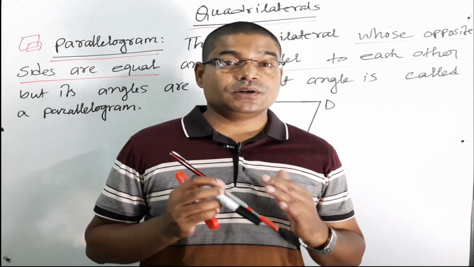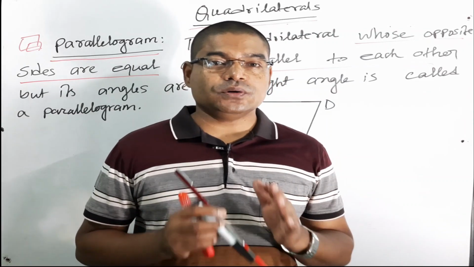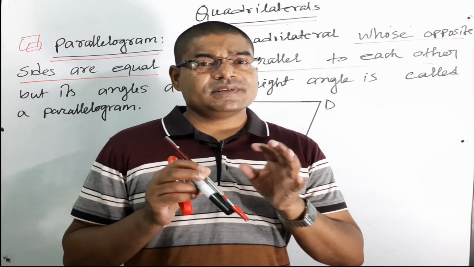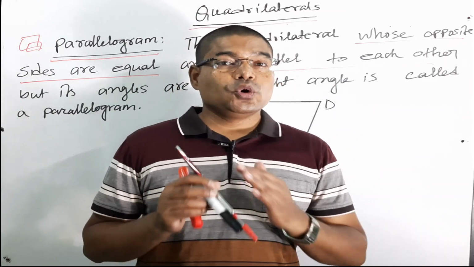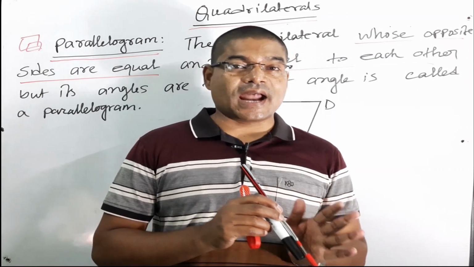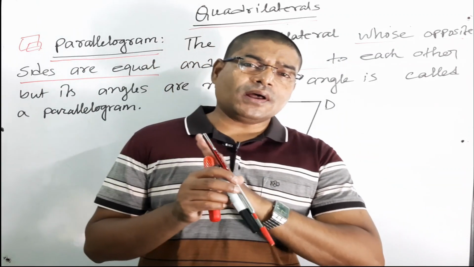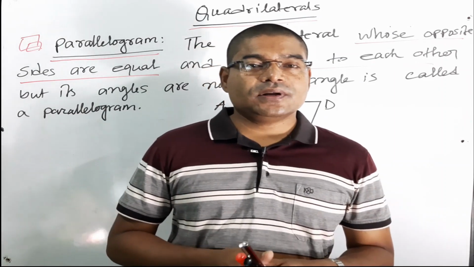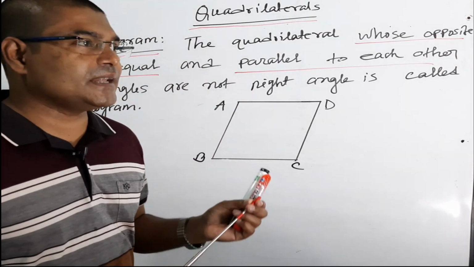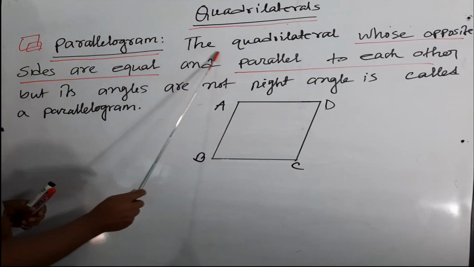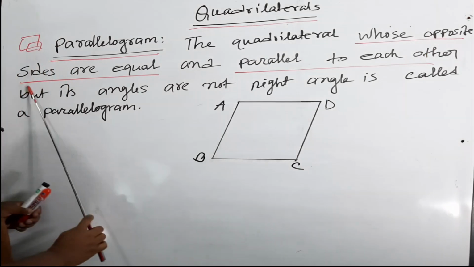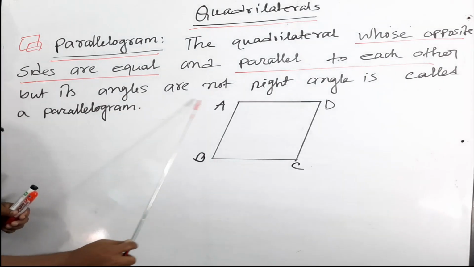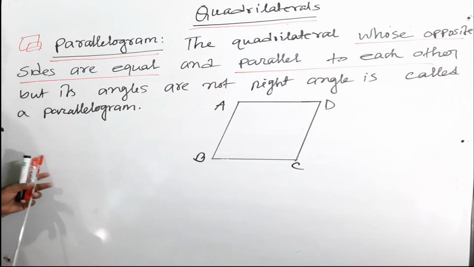Now we will have to know the definition of a parallelogram. Already we have learned rhombus. A parallelogram is also a quadrilateral whose opposite sides are equal and parallel to each other but all angles are not 90 degrees. So let's come back, follow the board. You can see the definition of a parallelogram. The quadrilateral whose opposite sides are equal and parallel to each other but its angles are not right angles is called a parallelogram.